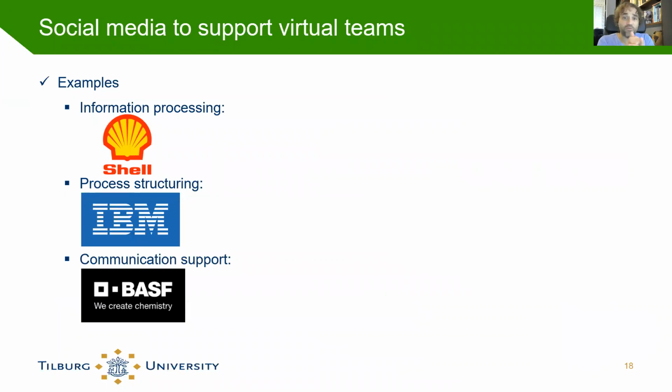So some further examples: if you look at what Shell does with social media, Shell has a huge internal wiki system, and they use it basically for everything. Shell, of course, is a global conglomerate, and they have people working across the globe, often in very distinct locations.